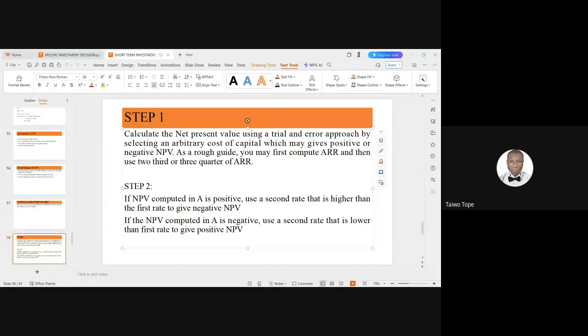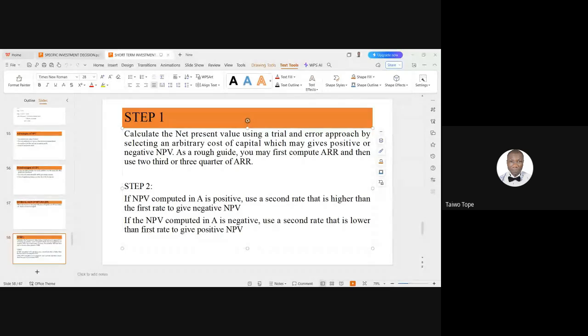But once the one computed is greater than the one given in the question, you accept, because there will always be a benchmark set by the organization that any investment that will give us a return less than 15%, 10%, we are going to reject. But once an investment is going to result in 20%, greater than the benchmark that we've set, we should accept. So for independent projects, accept a project if the internal rate of return is greater than or equal to the company's cost of capital.